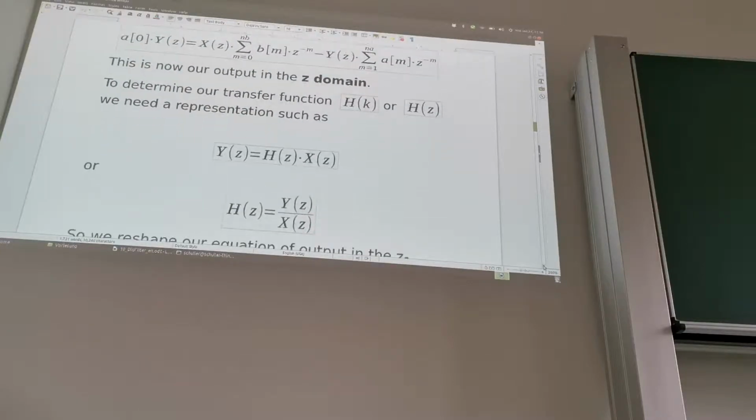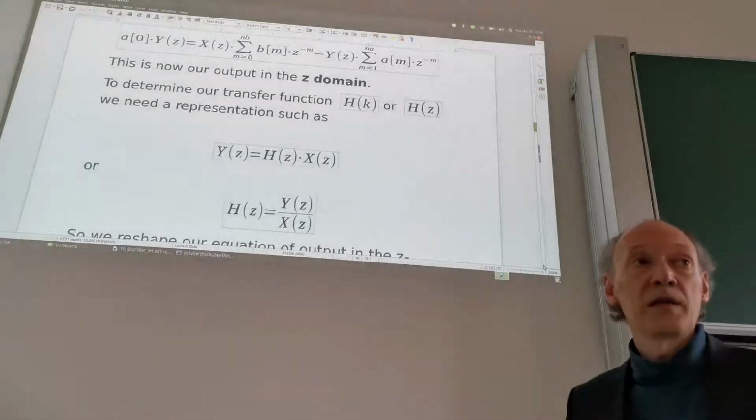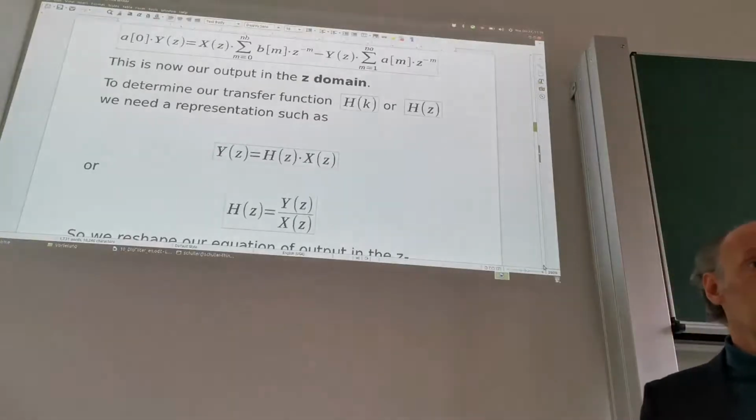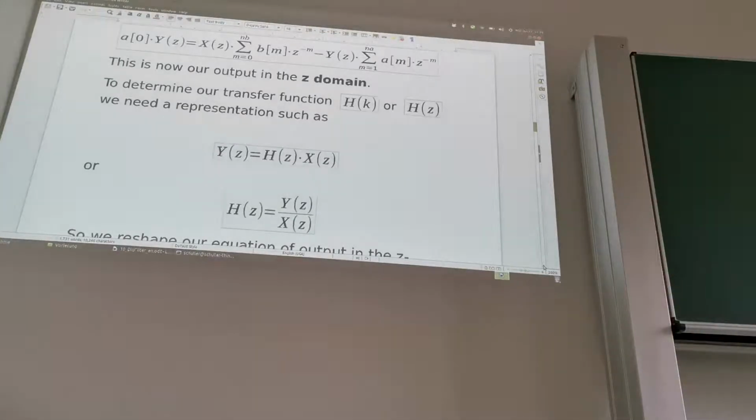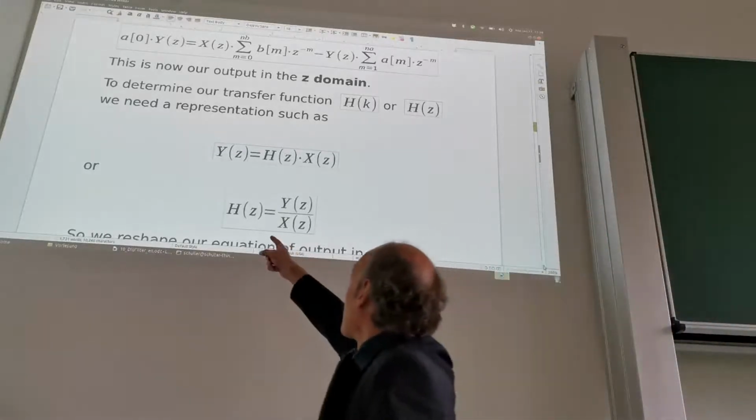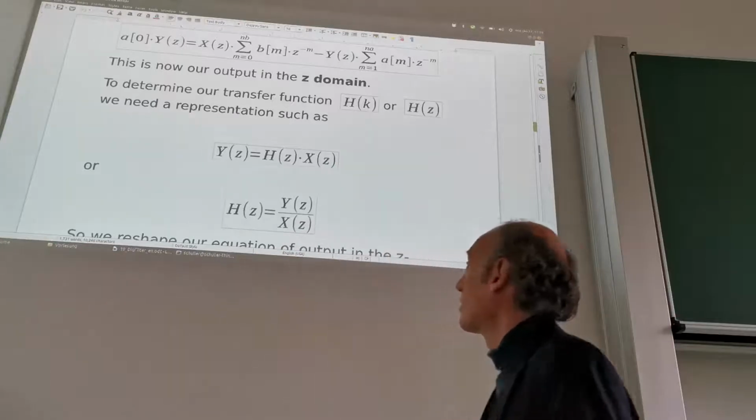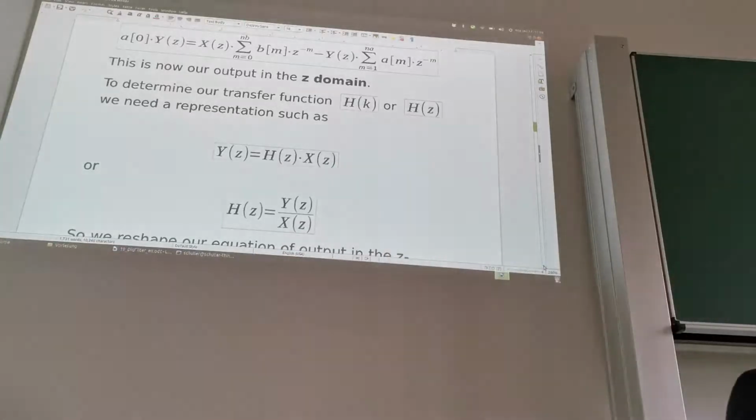So the transfer function basically tells us how input and output are related. Right. The pass band has factor 1, the stop band should have factor 0. So basically our transfer function is the output divided by the input.